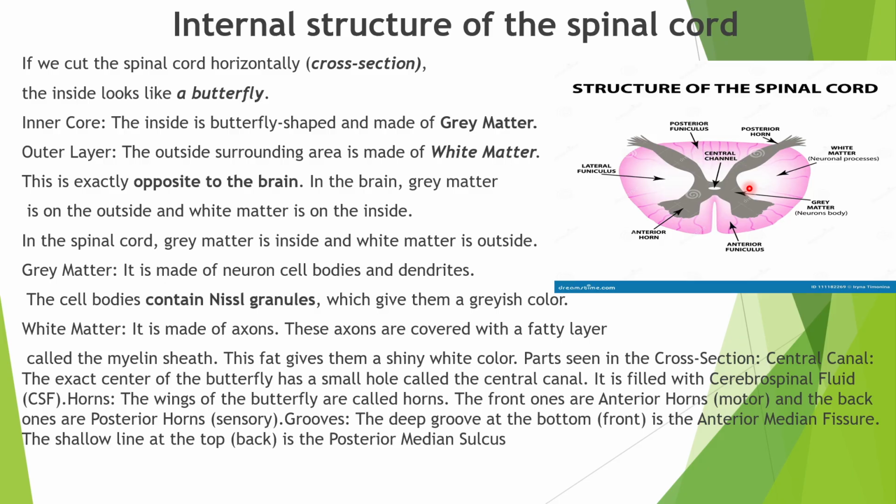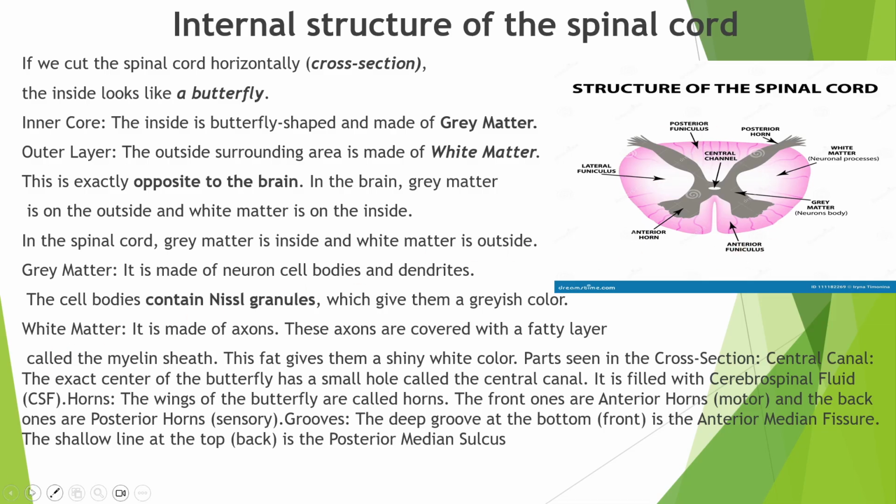The white matter is made up of axons, and the axons are covered with fatty layers known as the myelin sheath. That fat gives the shiny white color. That's why it is gray and white. So this is simply the internal structure of the spinal cord.